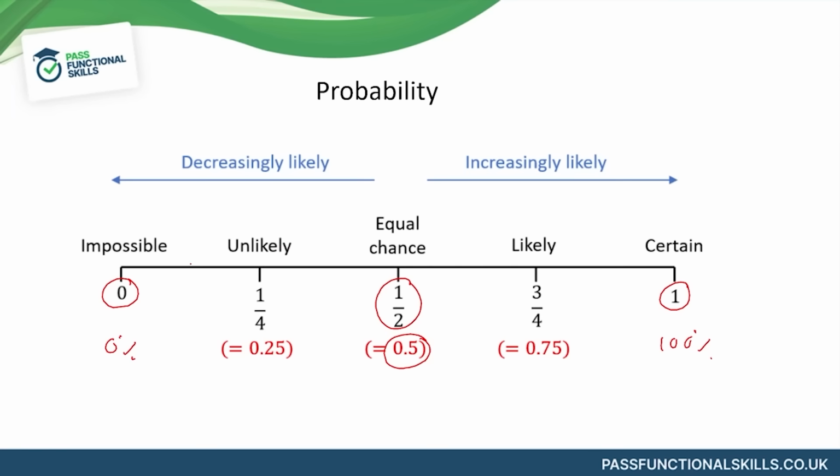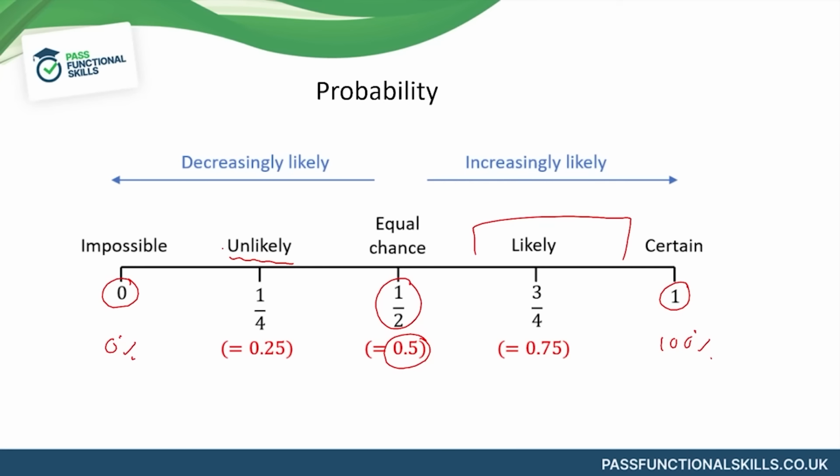In words, you've also got the probability of something being unlikely and also likely. It's hard to put an exact number on what is unlikely and what is likely, but likely has got to be greater than an equal chance but less than certain, so somewhere in this realm here. And unlikely has got to be less than equal chance but greater than impossible.